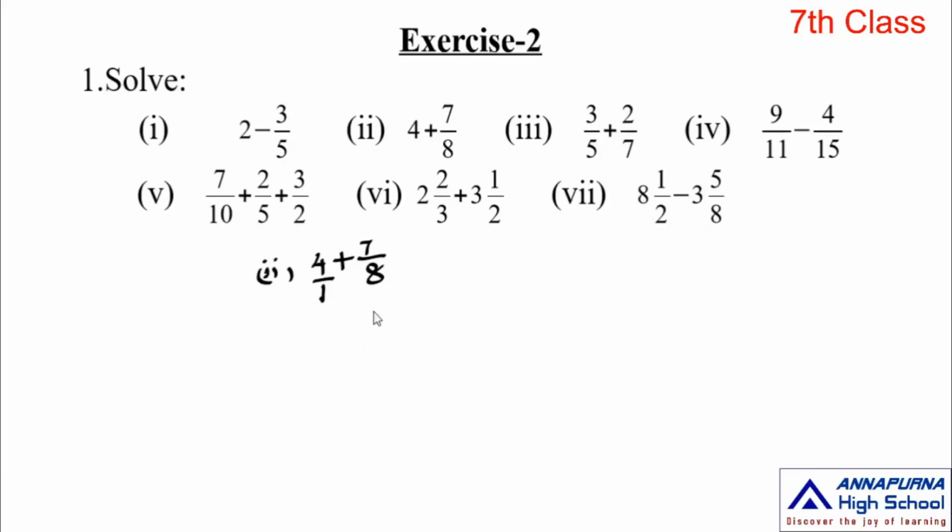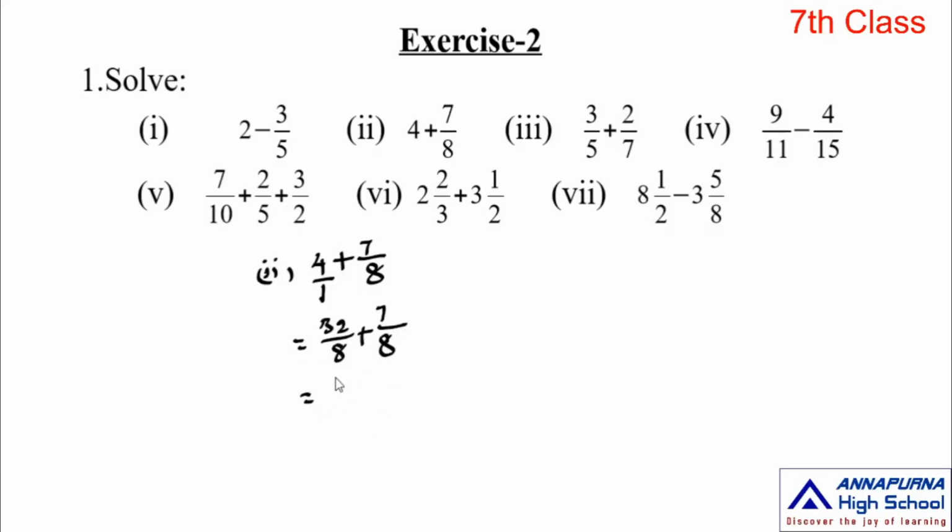So here also you just multiply the numerator and denominator by the denominator of the second fraction. 4 eights are 32 by 8 ones are 8, plus 7 ones are 7 by 1 eight is 8. Now we will get like fractions.